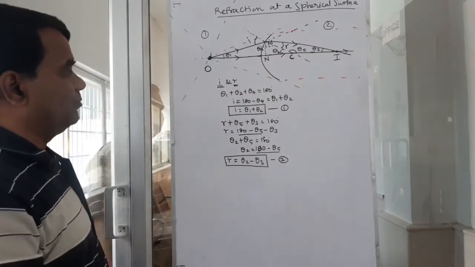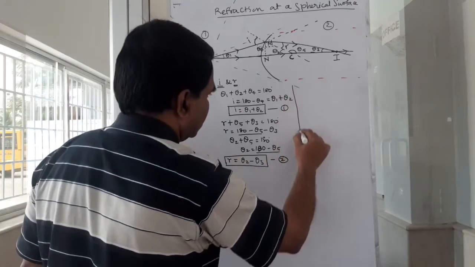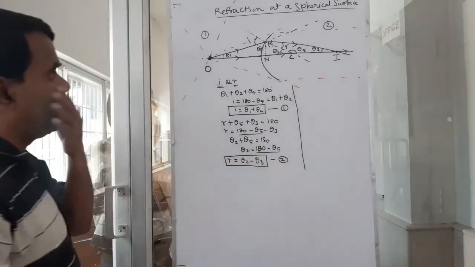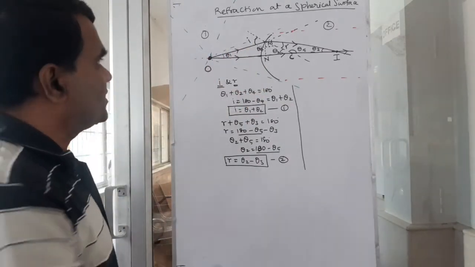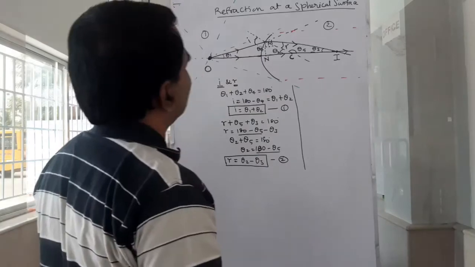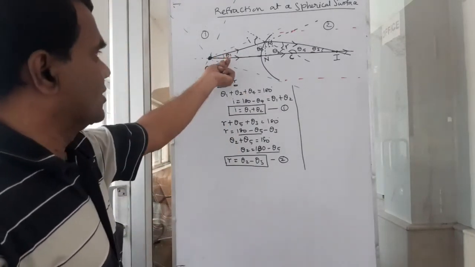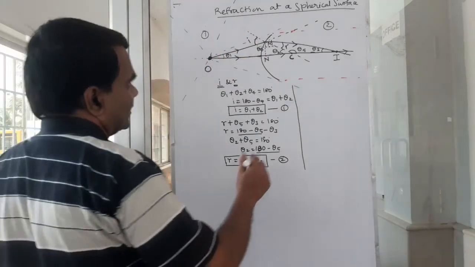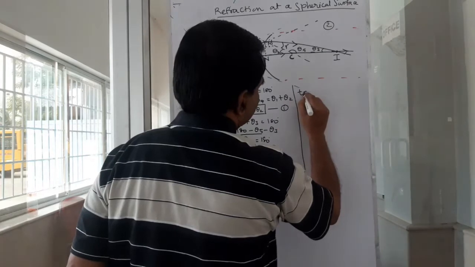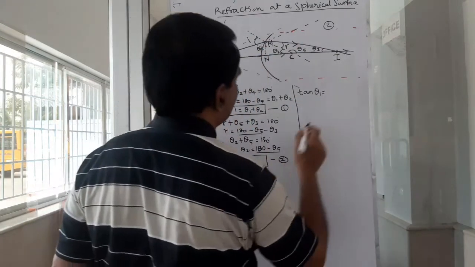Okay? Right. Let's see. Now, let's find out theta 1. So what is theta 1? Well, I'll do tan theta 1. Tan theta 1 will be MN by ON, right? Tan theta 1 is MN divided by ON.